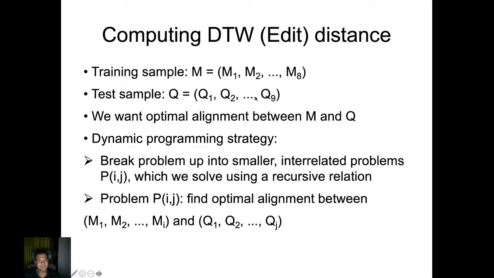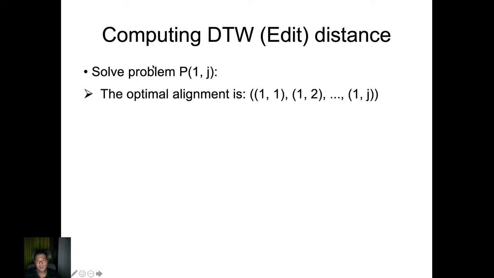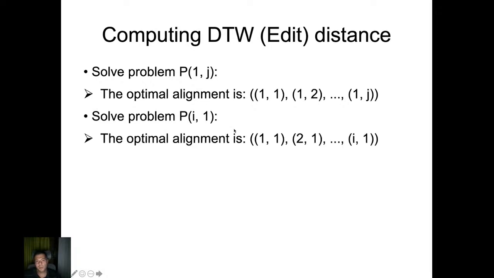So there is only one possible alignment here because one of our trajectories contains only one point, only one hand location. The same applies if the other trajectory, the test one, has only one location. So the optimal alignment is this one, because there is only one possible alignment according to our rules.